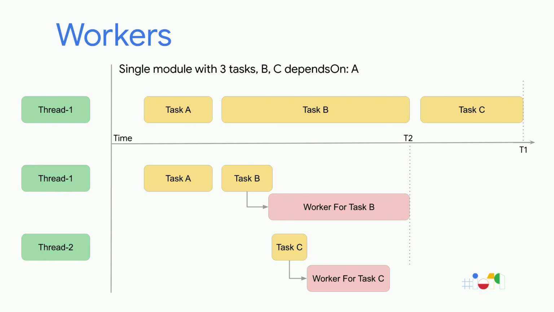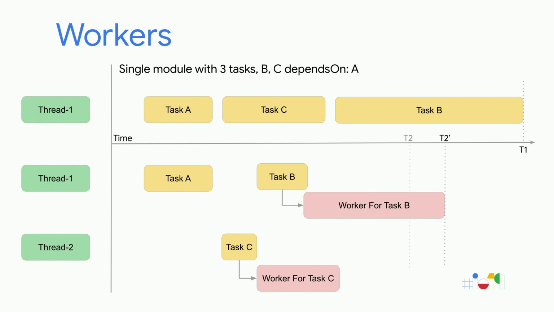Because at that point, if you go back to task B being executed first, you can see task C being scheduled as soon as the worker for task B starts. Because you have a worker C, it really does not impact the overall build time. But if Gradle decides that it wants to schedule task C first, you can see now that task B will complete a lot earlier than what we've seen before, right?